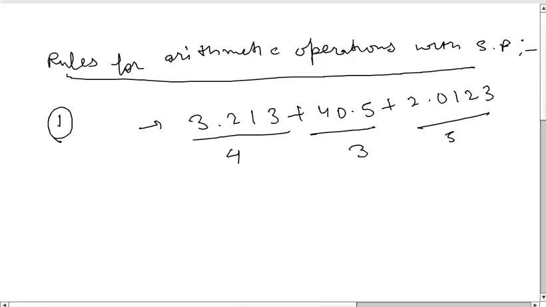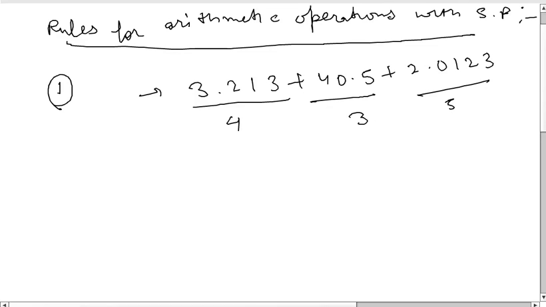So all these are having different significant figures. How do we add them? By basic mathematics, if we add, it will come out to be 45.7253.